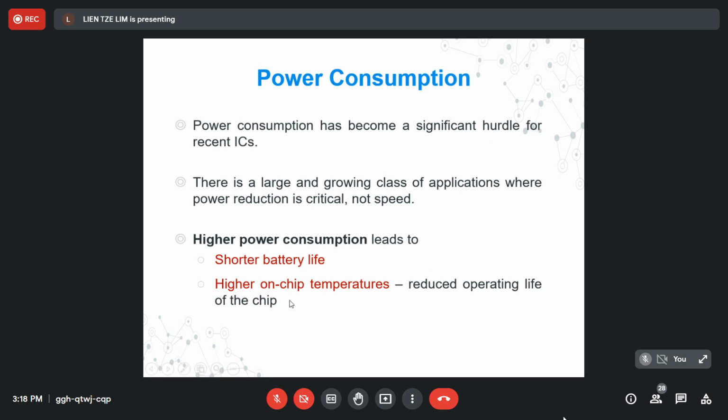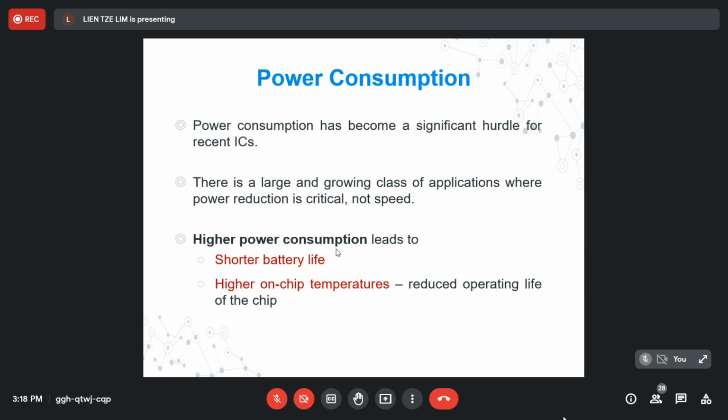This is not only applied to chips, it is also applied to any other digital system device, for example, a power bank or your mobile phone. We cannot keep our mobile phone under high temperature all the time.